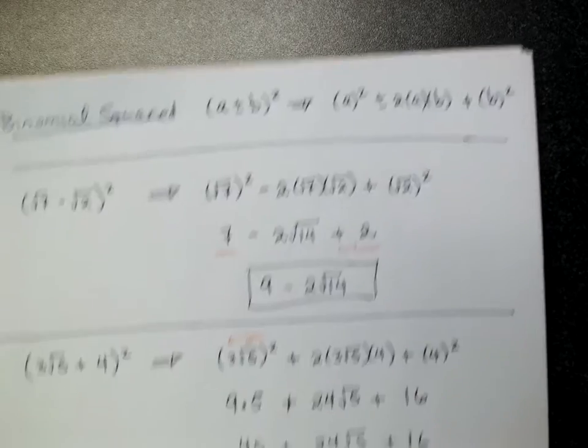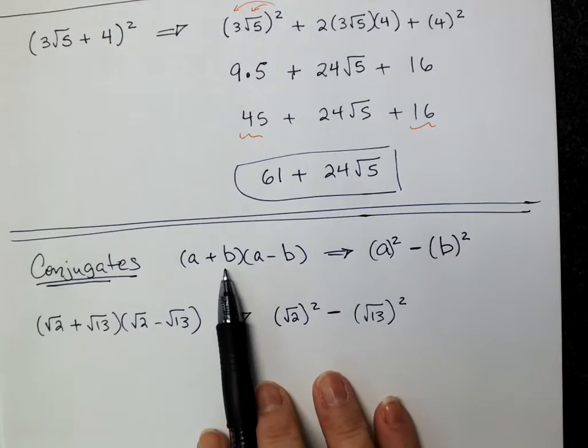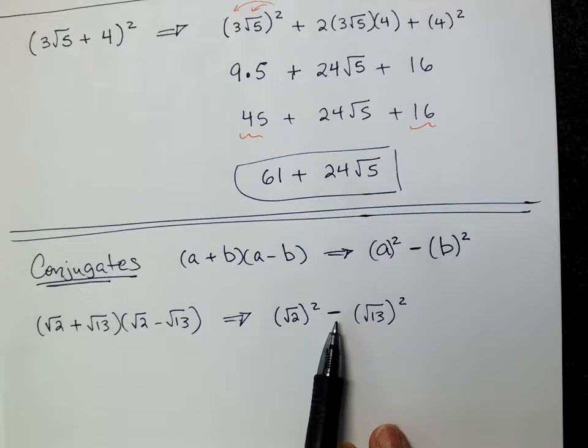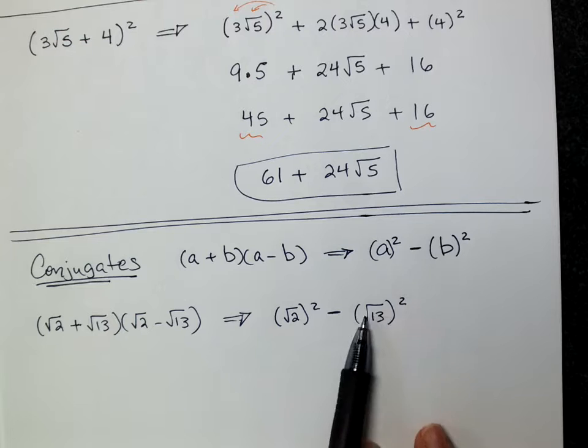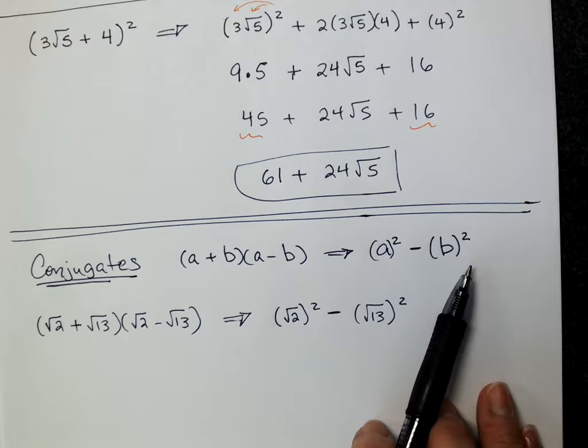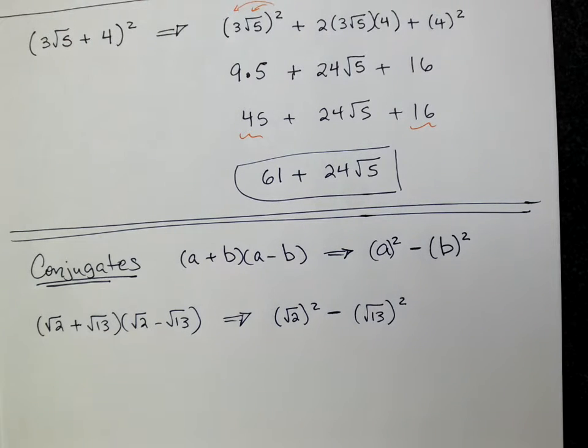Okay? This, however, because the middle term cancels out, and we just have the front end and the back end, which are both perfect squares, that means any radicals are going to disappear. And that's the power of a conjugate we're about to use in 11.5. The power of a conjugate is to kill radicals. If you have a binomial and for some reason you have to kill the radical, I'm going to show you why you would, then all you have to do is multiply it by its conjugate.